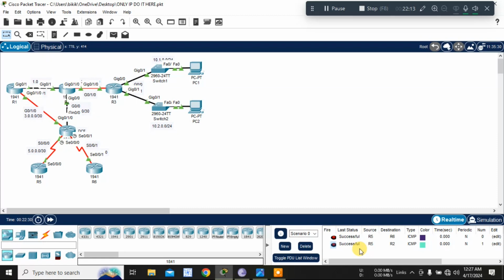Successful. See, actually it takes some time, but as I have done the static routing of all the routers, it will never fail, I am 100% sure. It may fail the first time, but after that it will be successful. Yes, see, successful. So this is how static routing is done.